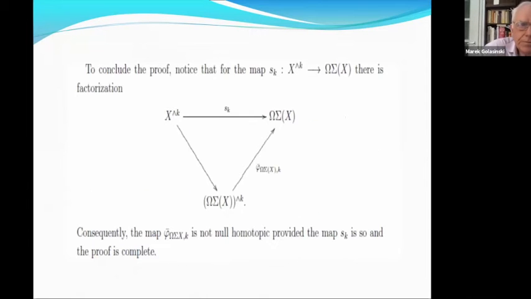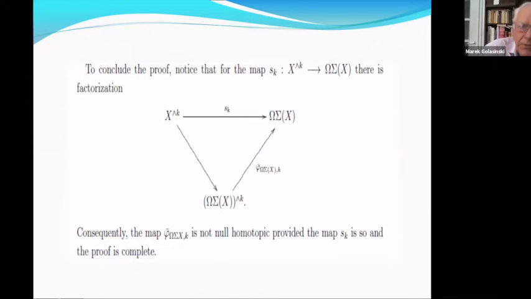Now, to conclude the proof, we have this map SK from the smash power of X to the loops on the suspension. There is a factorization, and one of the maps of this factorization is exactly the map which we consider, that is phi bar, used to define the homotopic nilpotency of an H space.